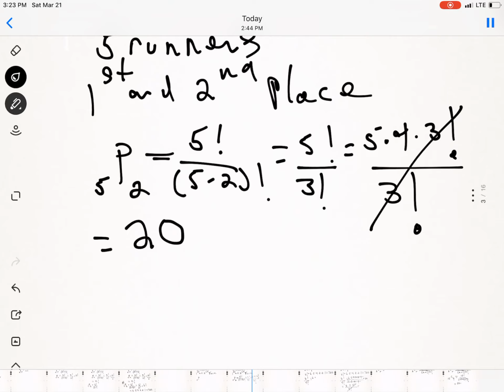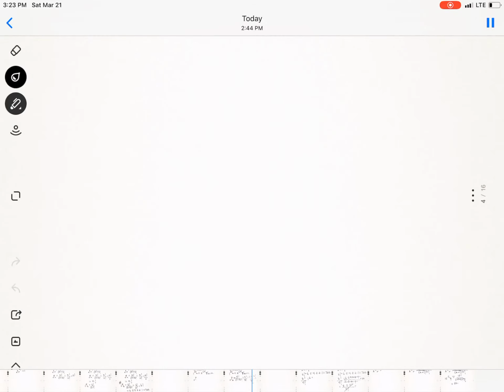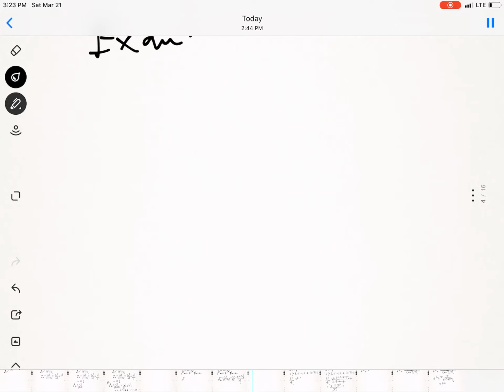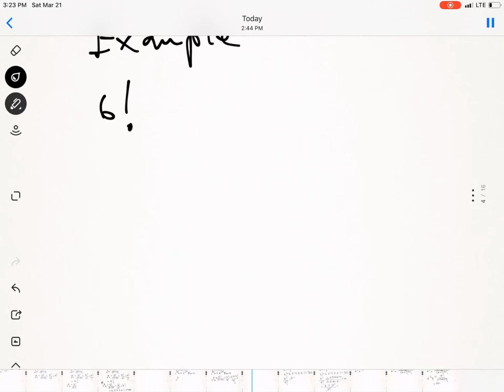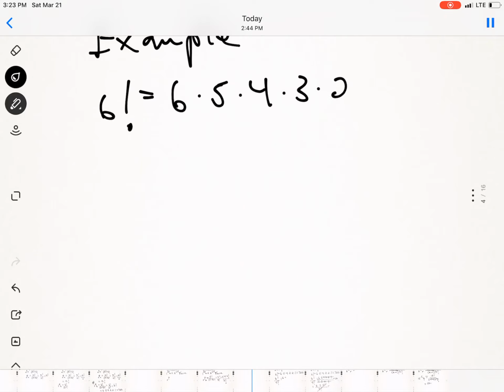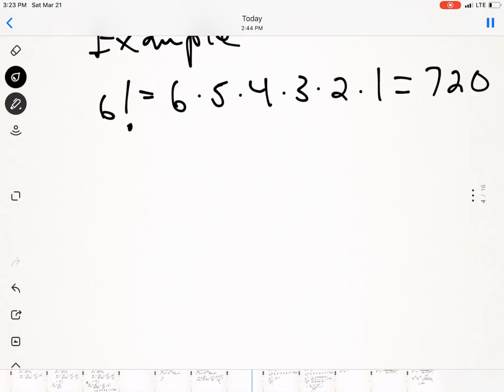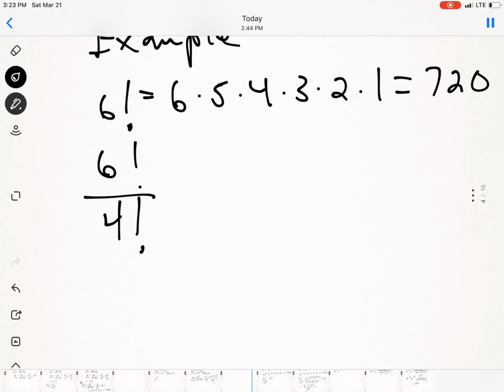All right. So let me give you some examples of some different situations that you could possibly see and why that is the way it is. So as an example, let's say we had 6 factorial. That's simply 6 times 5 times 4 times 3 times 2 times 1, which is 720. You can also divide. So 6 factorial over 4 factorial.